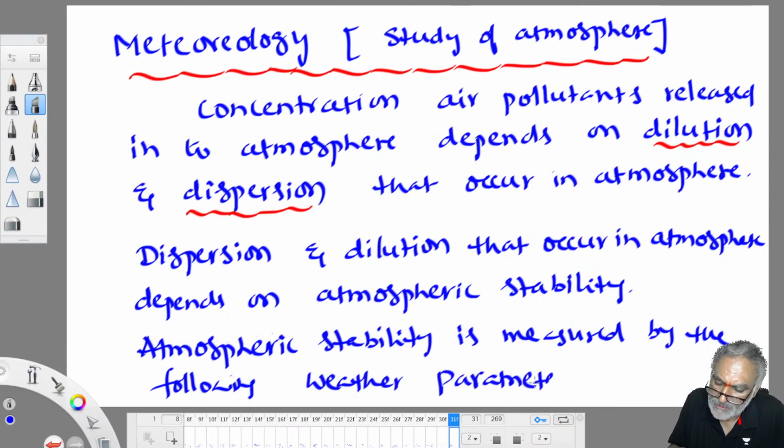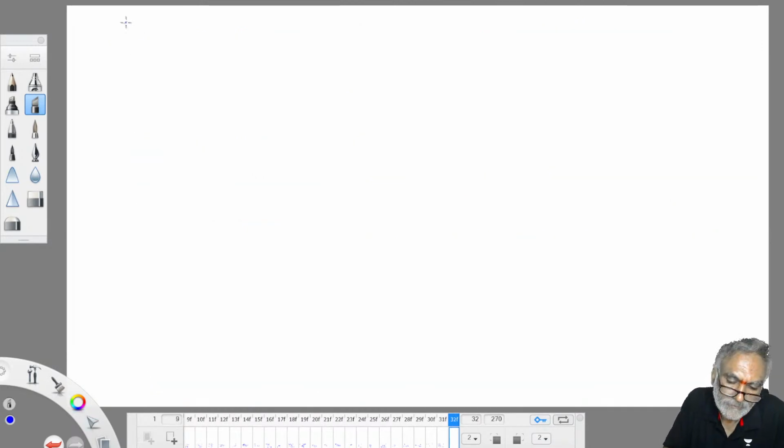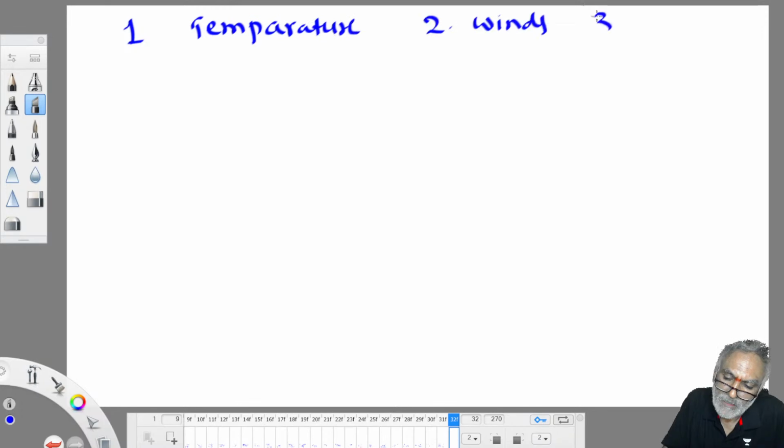They are: one, temperature, a very important one. Second is winds. Third one is pressure, atmospheric pressure. That's all. So the main one is temperature.